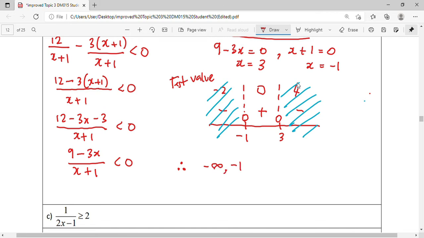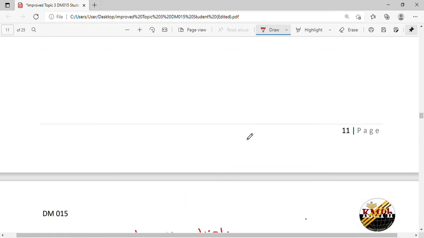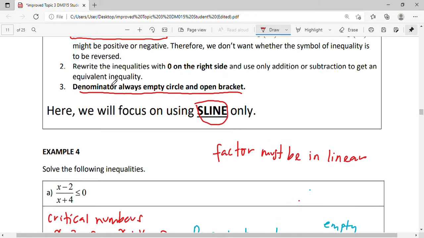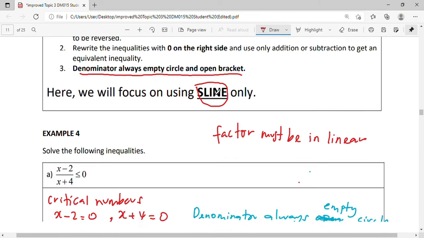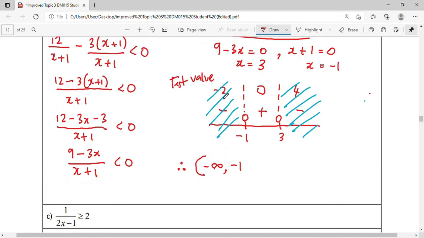We already know negative infinity or infinity always gets an open bracket. And how about the bracket beside negative 1? Refer to the type of circle here, or your notes: denominator always gets an open bracket. Because negative 1 is a denominator, it is an open bracket.